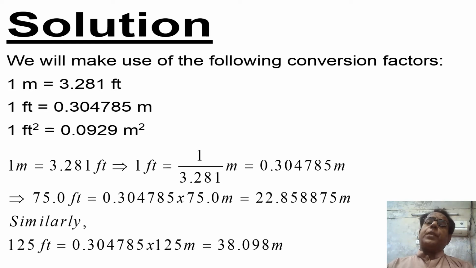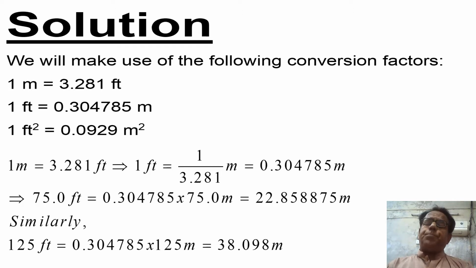Now, if we square both sides of the second conversion factor, we get the third conversion factor, that is 1 foot square is equal to 0.0929 meter square, because 0.30 when squared will become 0.09.